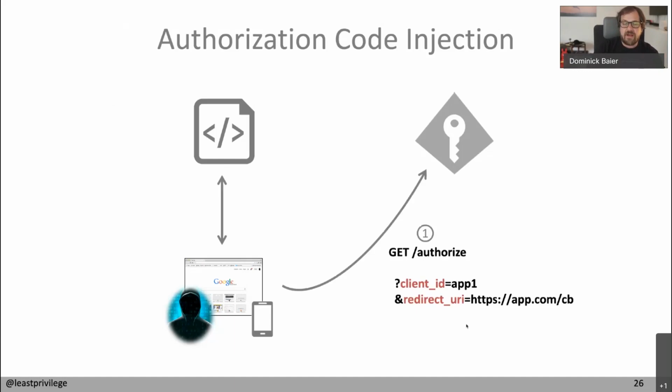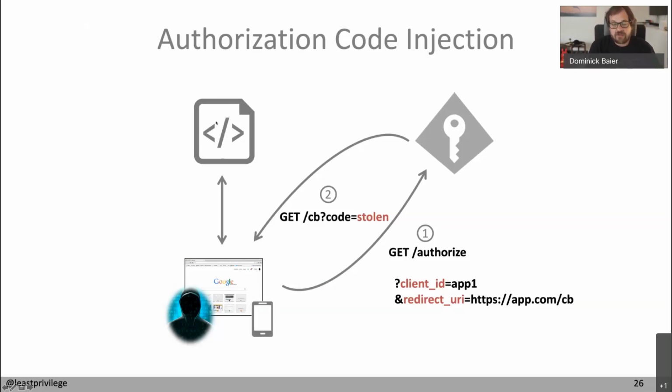So imagine an attacker is able to steal an authorization code using any of the techniques we just talked about, right? Leakage, redirect URI tricks, whatever. So now he has a stolen code. So now what the attacker can do is handcraft the callback URL, open the legitimate application himself, insert the stolen code into the URL, and then send it to the client.